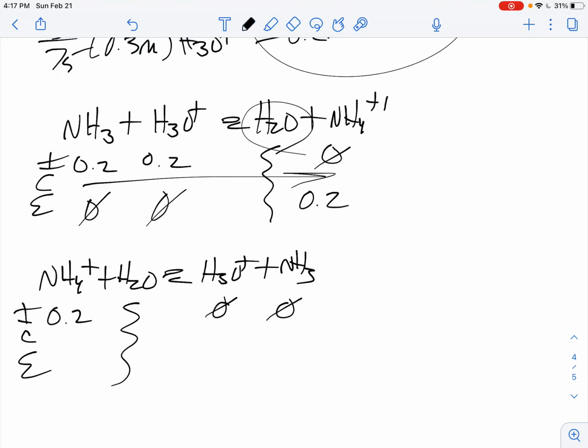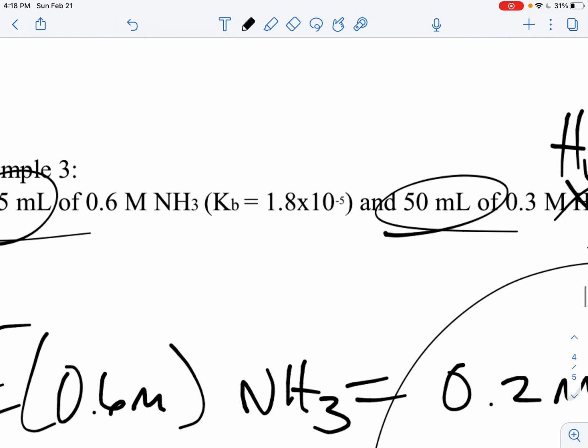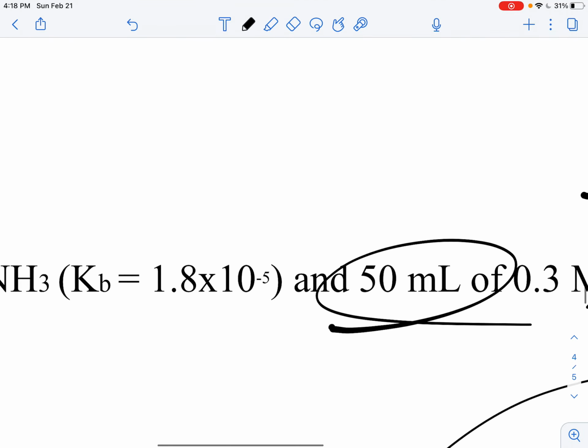Why do I want to do this? Because check it out, this is the Ka format. This is a conjugate acid plus water going to the H3O positive and the conjugate base over here. So you are going to end up with the Ka of NH4 positive, except that they did not give you the Ka of NH4 positive.